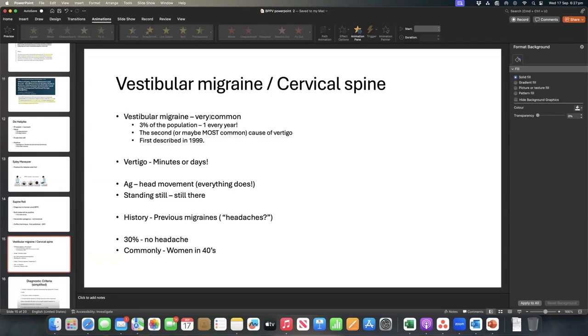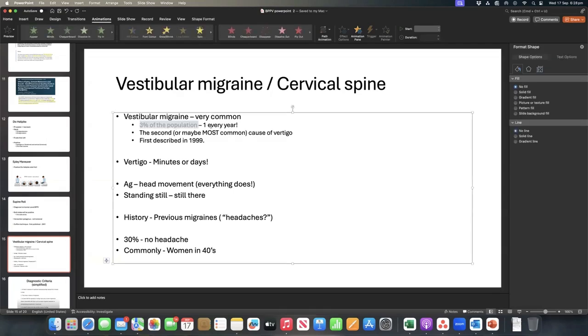But vestibular migraine is very common, and depending on the statistics, almost 3% of the population will get one a year, which, if it was up there, it would actually be the most common cause of vertigo, more common than BPPV. Once again, first described in 1999 after I graduated. So once again, there was no vestibular migraine when I was going through uni, and it's a very new diagnosis. It wasn't really recognized previously as such.